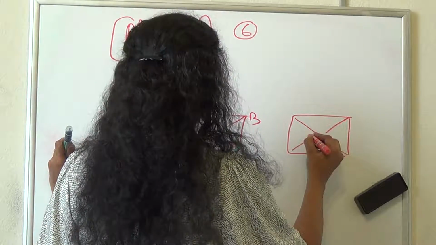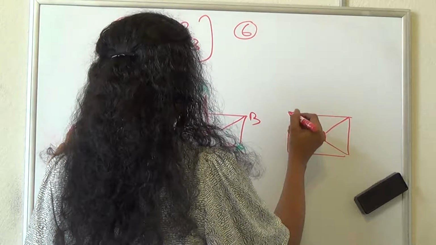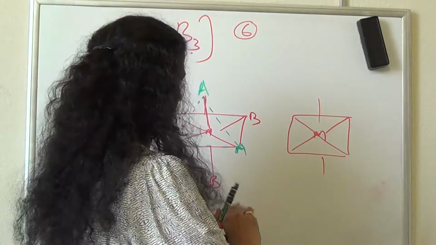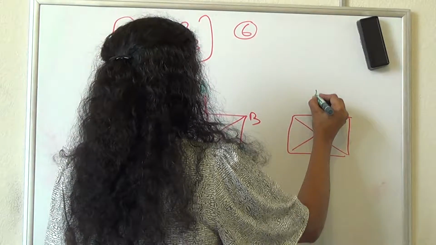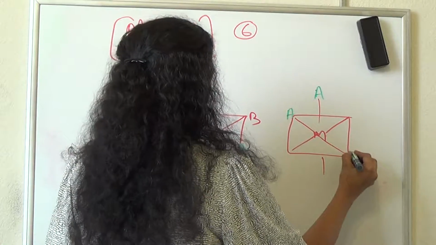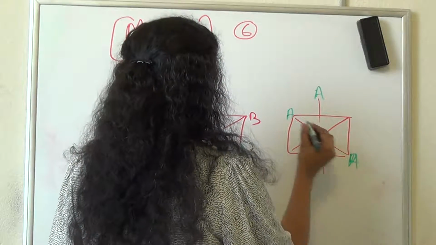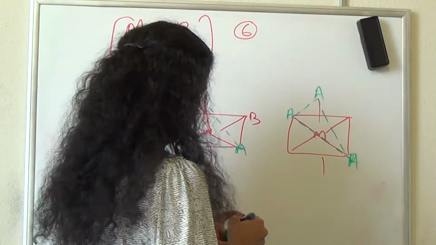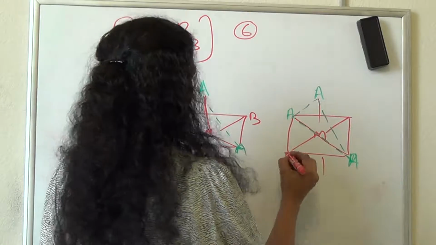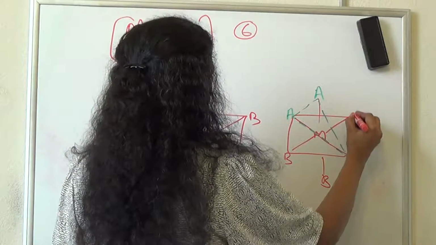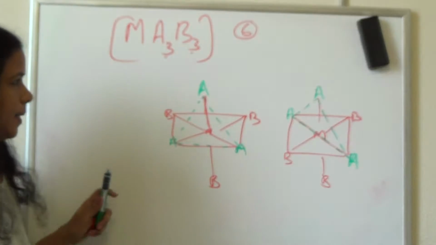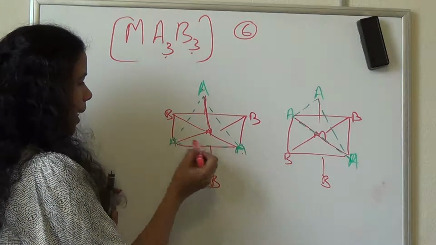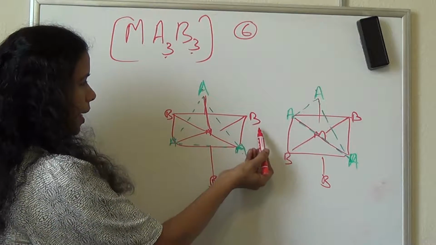Can draw two. Look at these pictures. Here the same ligands, that is AAA, or you can select BB.